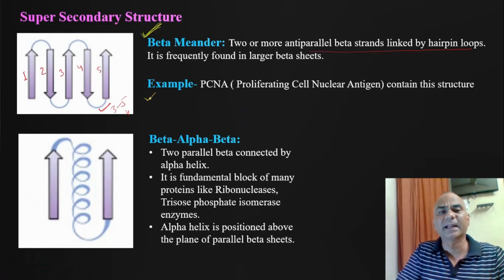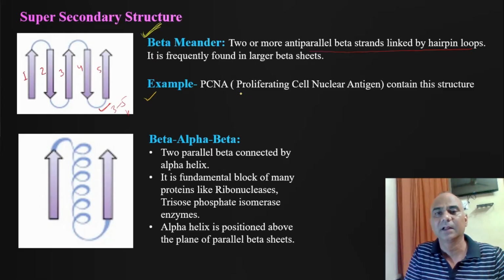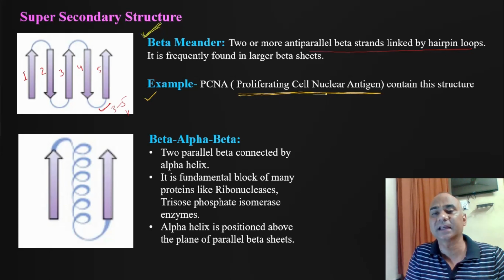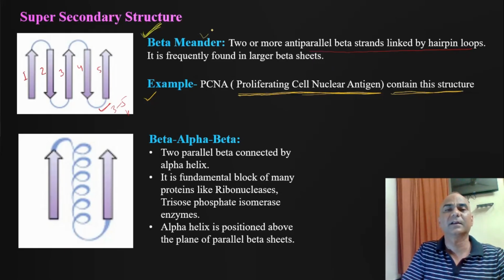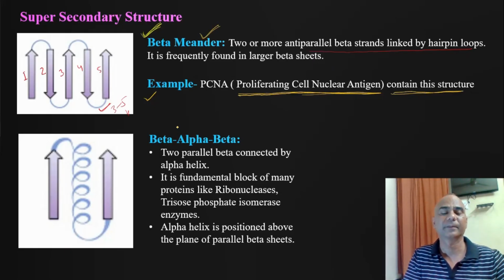One important example of this beta meander is PCNA. What is PCNA? The proliferating cell nuclear antigen. This antigen contains the beta meander super secondary structure.